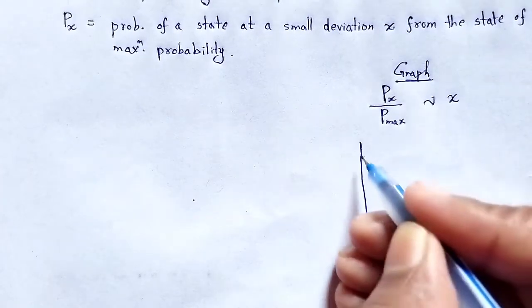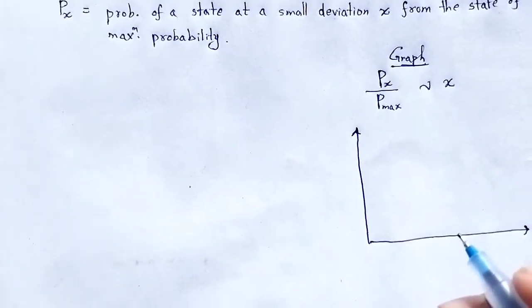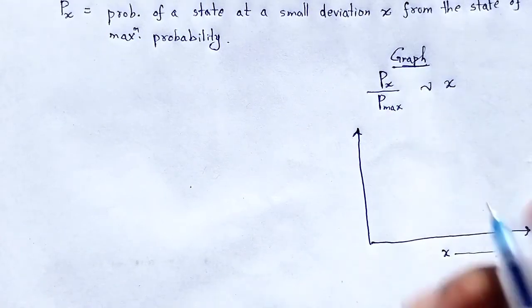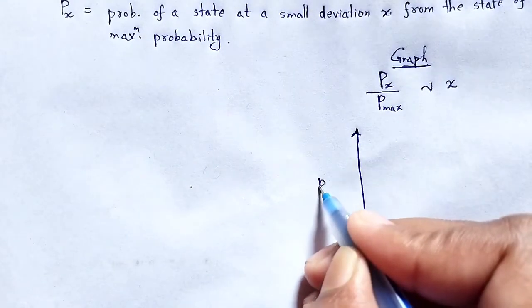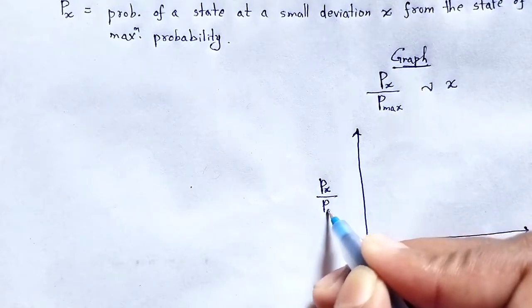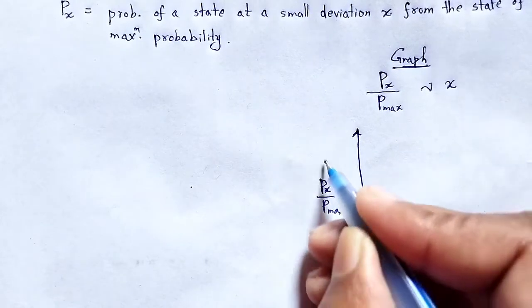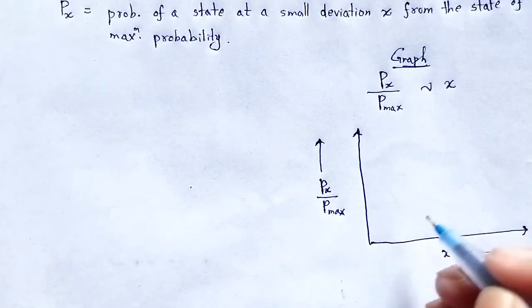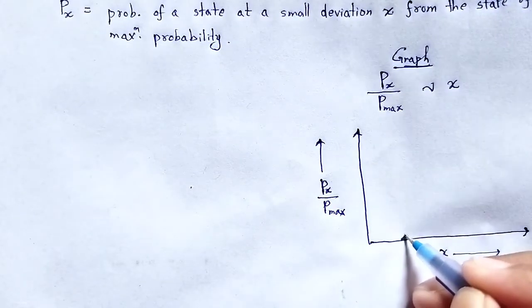This is the graphical view. Here x is along the x axis and Px by Pmax is along the y axis, and the graph looks like this.